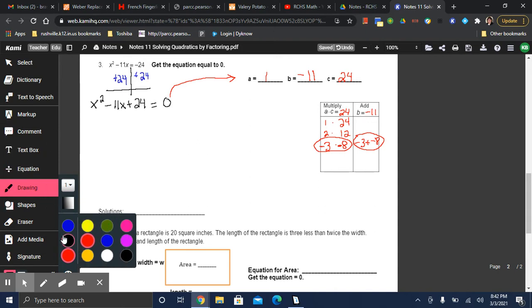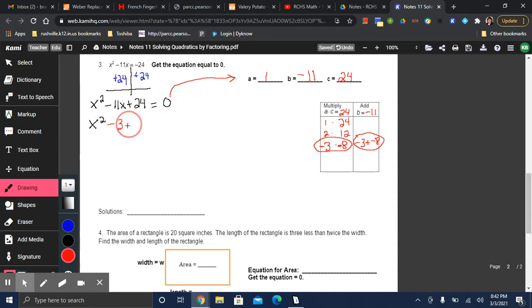So just as we've been doing in your previous lessons, we'll have x squared and then use our numbers that we have found. So negative 3x minus 8x, and then bring down the plus 24 and continue to remember to put equals 0. We'll do the cut line. We can divide by x.